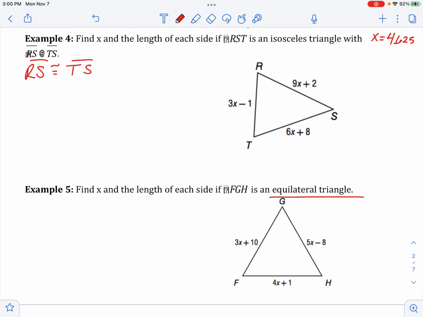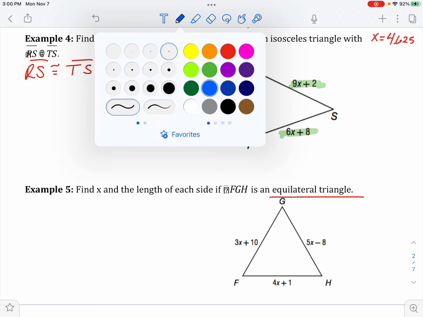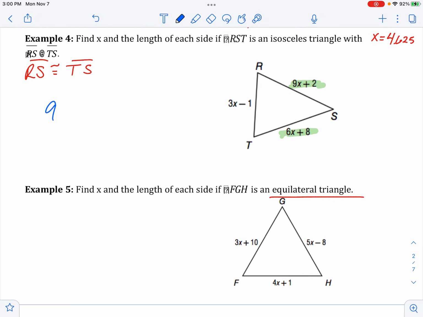On example 4, I have to say that RS and TS are equal. So the only equation I can write on that one is 9x plus 2 equals 6x plus 8. And you would get 3x equals 6 or x equals 2.